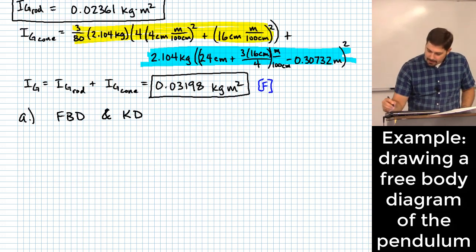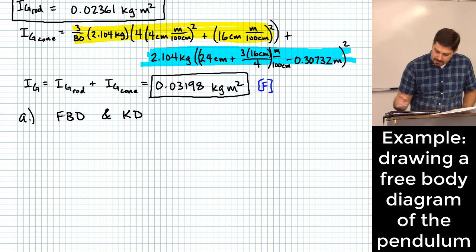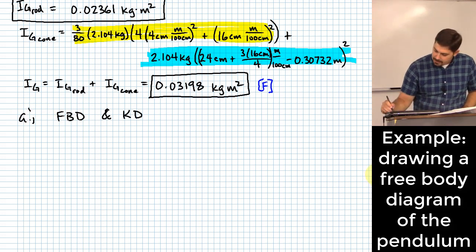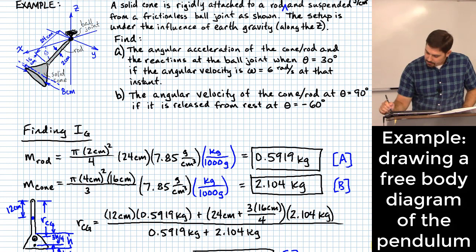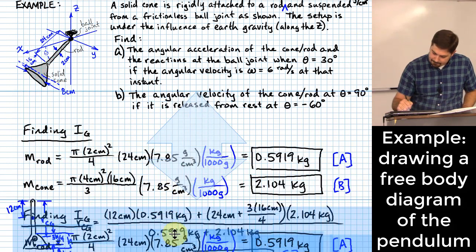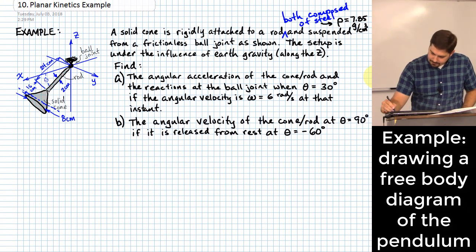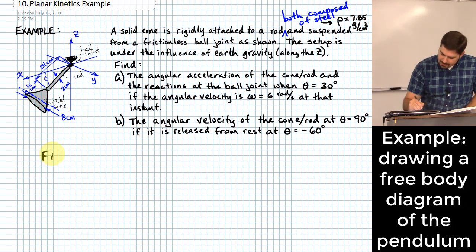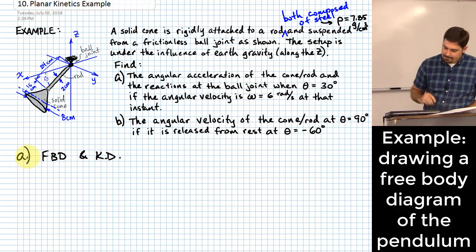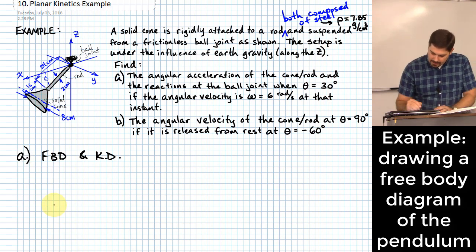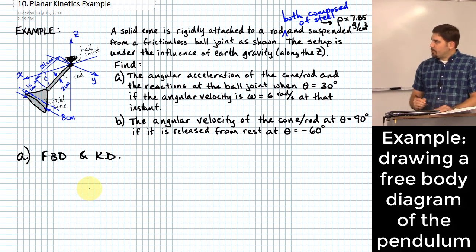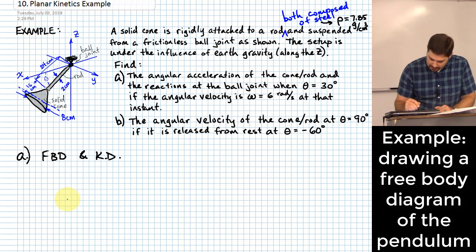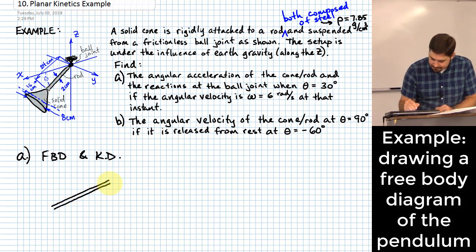Okay. So let's draw a free body diagram. I'm going to put this way up at the top. I'm going to slide myself some room right here, so that way we can look at it. All right, free body diagram and kinetic diagram for part A. I'm just going to do it as if I'm looking straight down the y-axis. So what I would see is this rod.